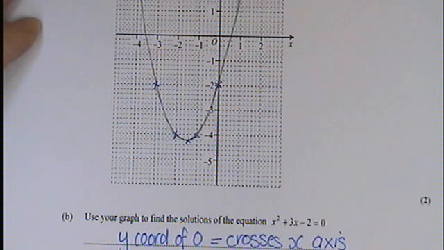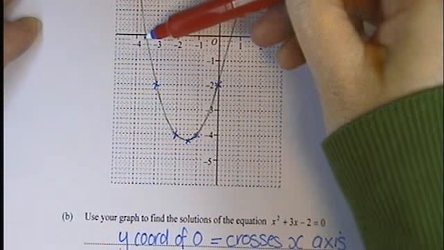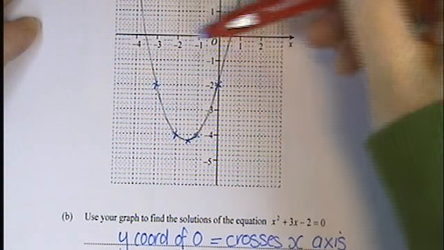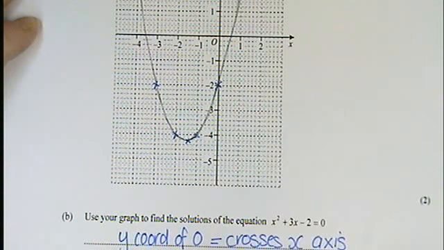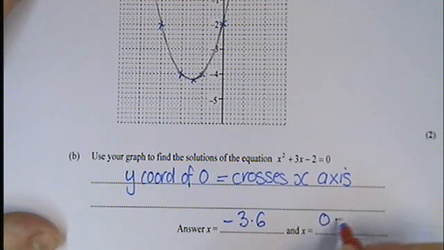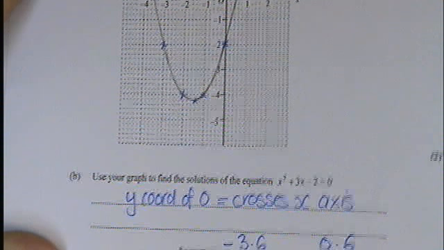When it crosses the x-axis, we can see we've got 1 point here and 1 point here. So it's about negative 3.6 and about 0.6, from where it crosses the x-axis.